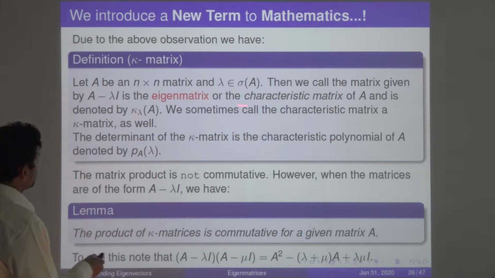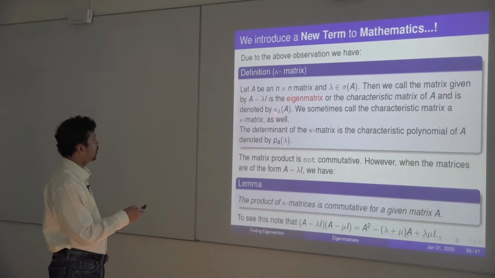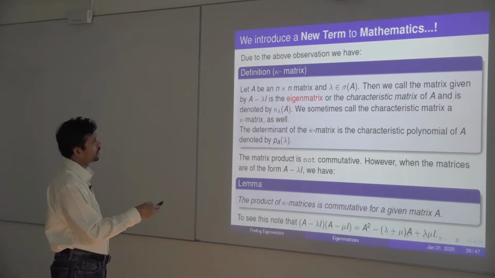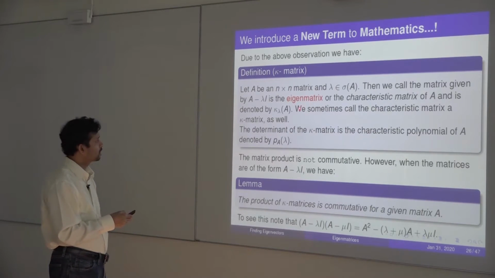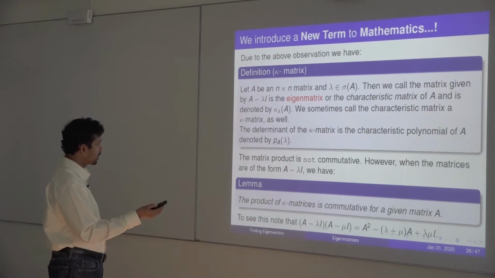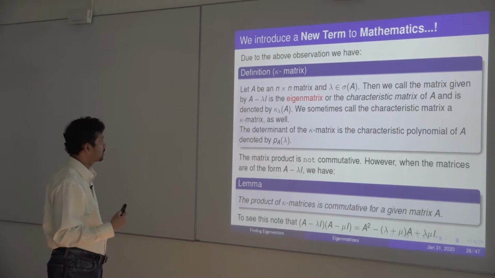Since it's a characteristic matrix, to sound right, we use kappa because of the characteristic sound. We call it kappa lambda A. That is the same matrix. We call it the kappa matrix, or the eigenmatrix. That's a new term introduced to mathematics, just to follow the eigenvalue and eigenvector concepts.